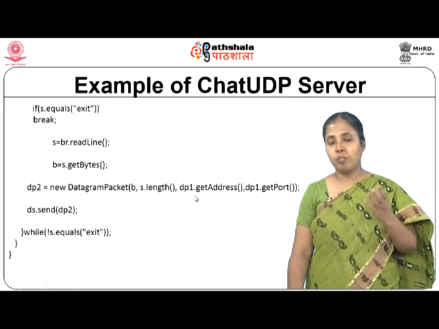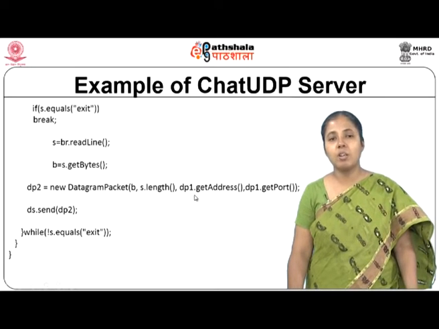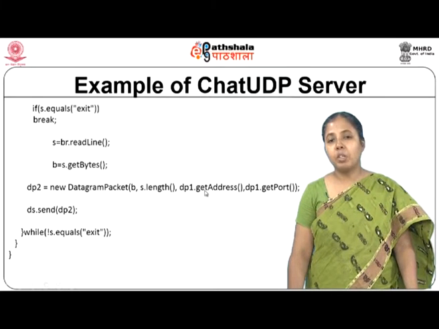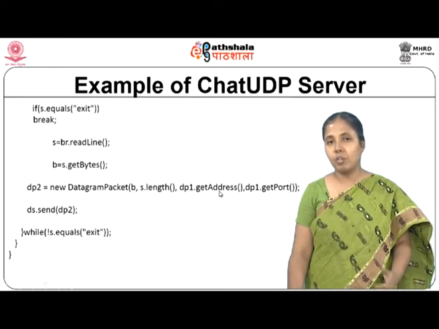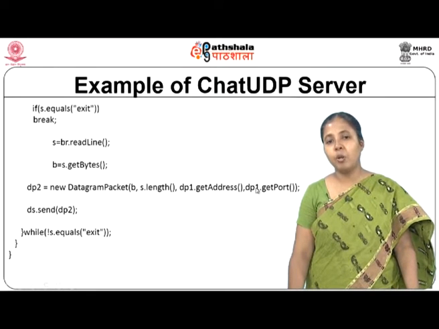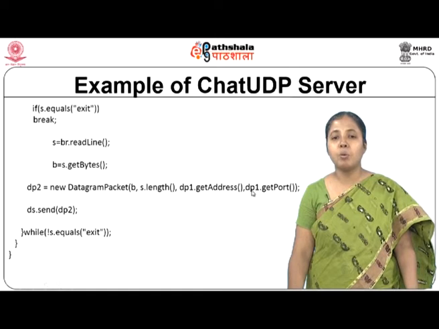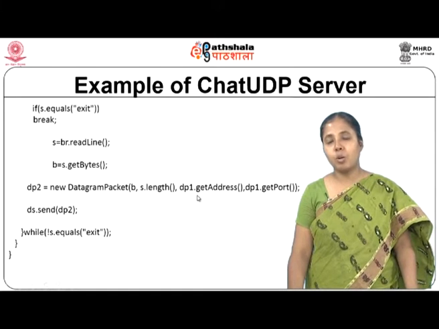DP1 was the first packet we received on the server side. So, we use the method getAddress to get the address from the datagram packet, and we use a method called getPort to get the port number which has been bound with datagram packet 1, and we use the same address and port number to communicate to the other side. So, we have now constructed a datagram packet and we are sending this DP2 to the client side.